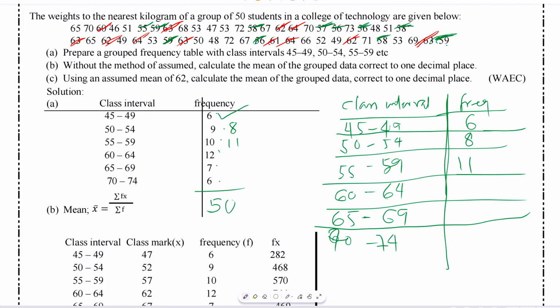So let's count together. 1, 2, 3, 4, 5, 6, 7, 8, 9, 10, 11, and 12. That's also correct, 12. Can you see the way I'm checking it? Calmly checking it.